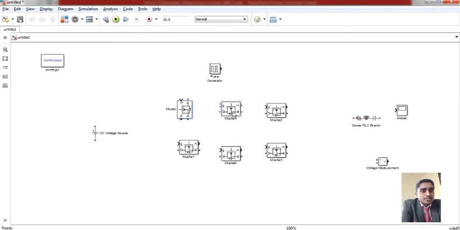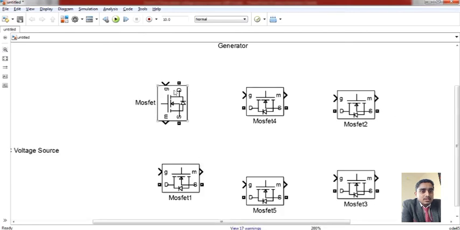A MOSFET is a switching device which requires a gate pulse to trigger it. So I will arrange the MOSFET and rotate it clockwise for the connection.